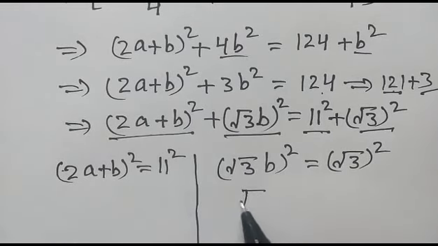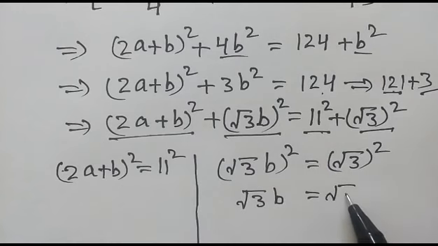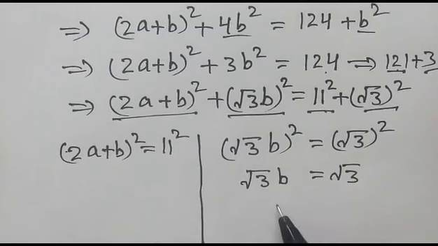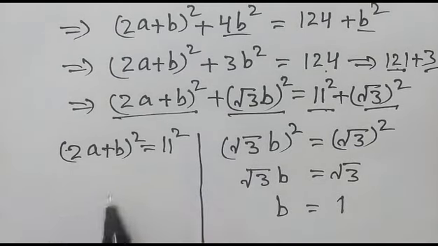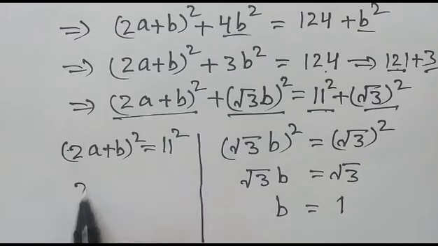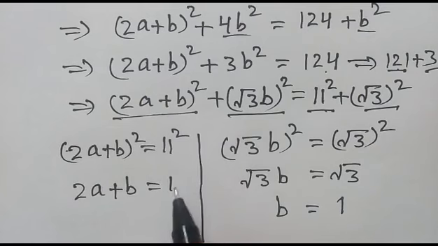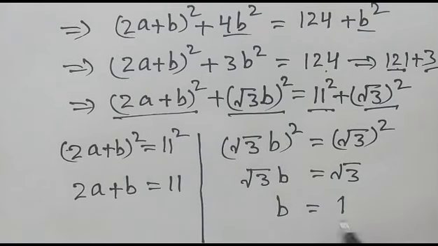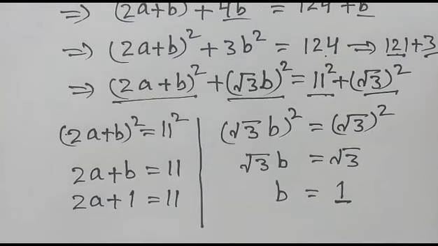Now square root of 3 b will be equal to square root of 3, right? So b is equal to 1. Okay, now here 2a plus b is equal to 11, right? Since b is equal to 1, 2a plus 1 is equal to 11, right?